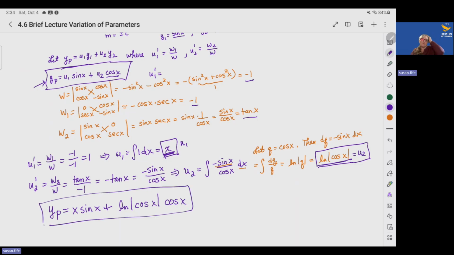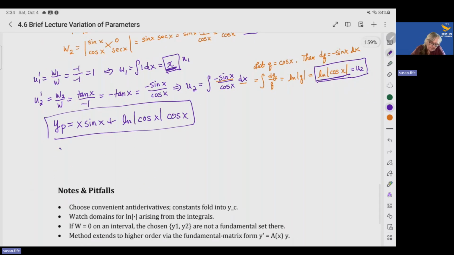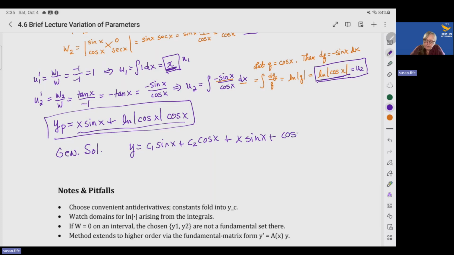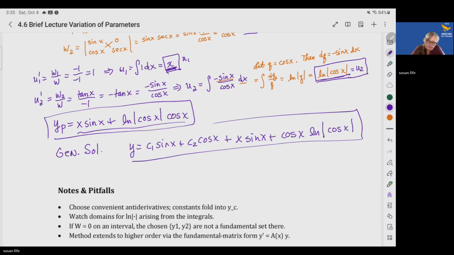That's my particular solution. And then my general solution is y equals c1 sine x plus c2 cosine x plus x sine x plus, I'm going to put that cosine x first, cosine x natural log cosine x. And there's our general solution.